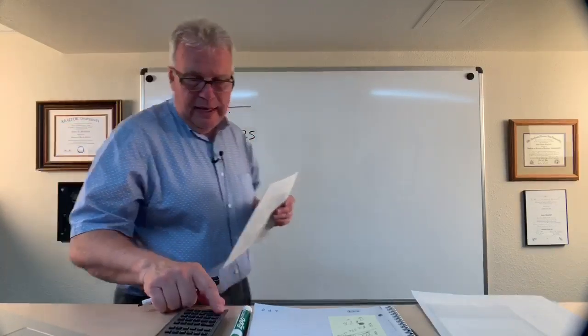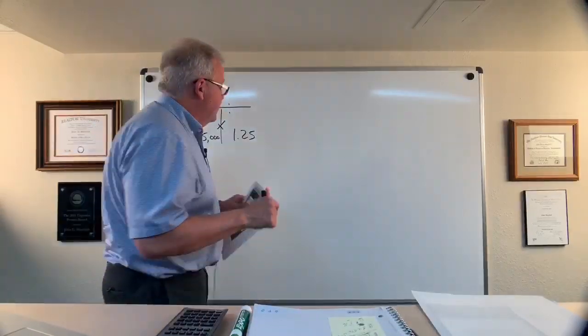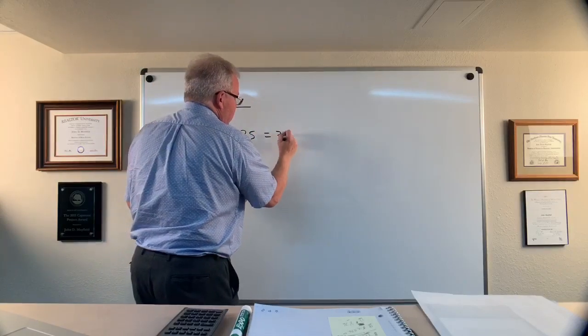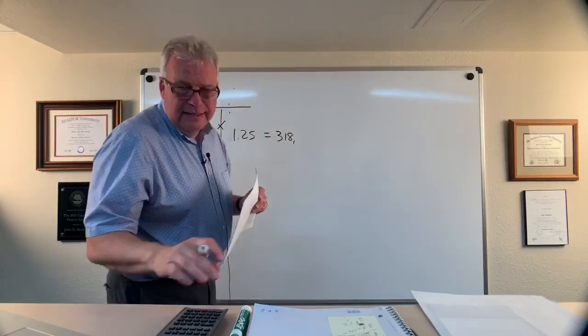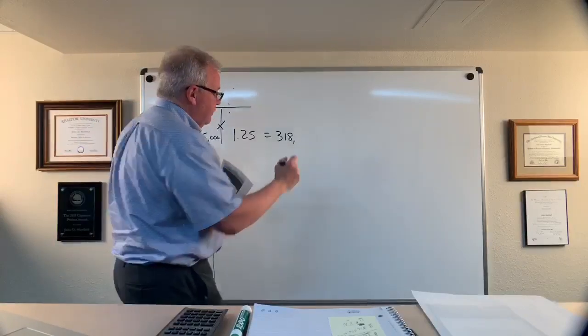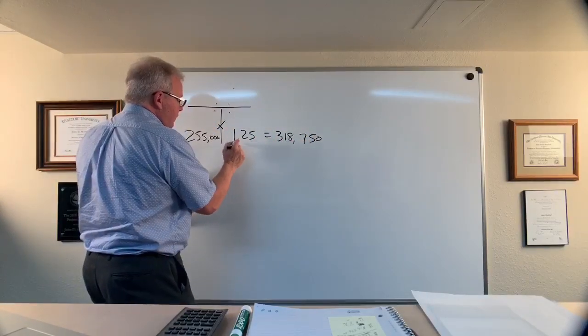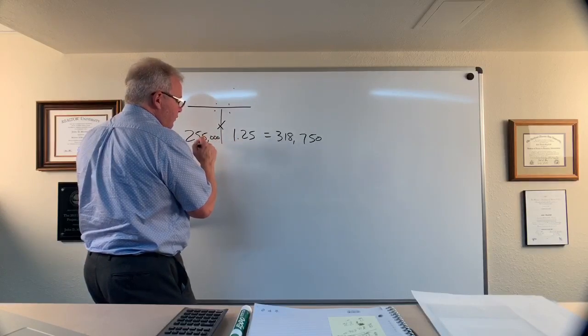So if I take 255,000 and I multiply it by 1.25, I get 318,750. Now this is one time, because it's an equalization factor, that we're not worried about moving the decimal over, okay?